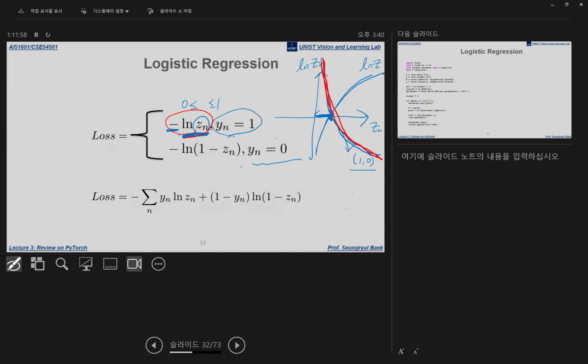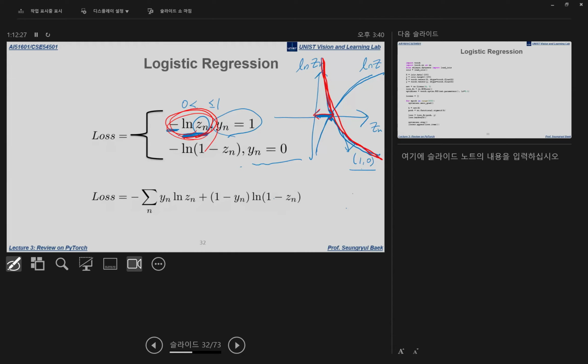Loss is minus ln Zn, and our Zn will be bounded here, right? And we will minimize this loss L, right? During the training, we will always minimize this loss L, and we'll learn the corresponding parameters, W and B, okay?